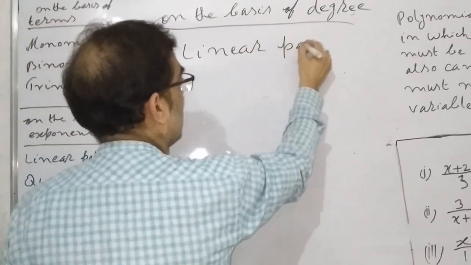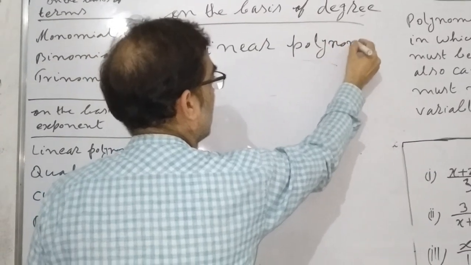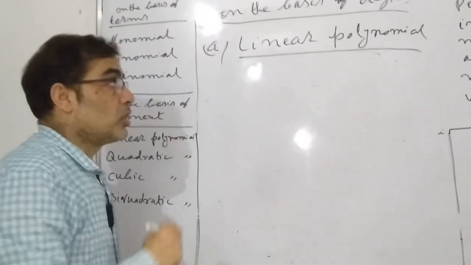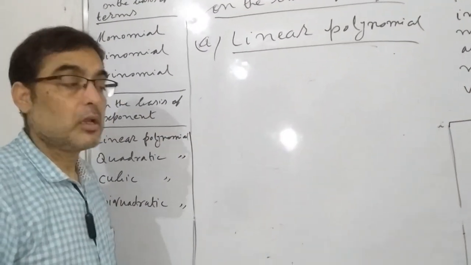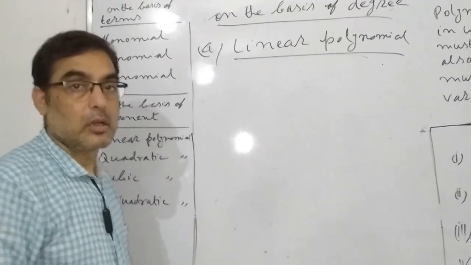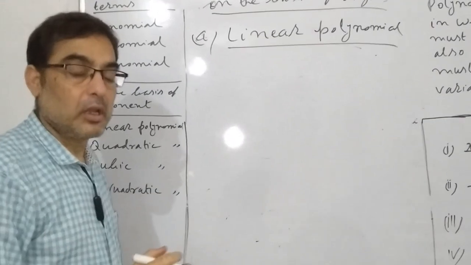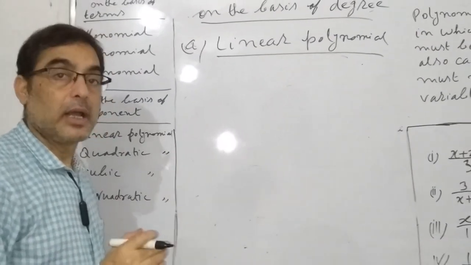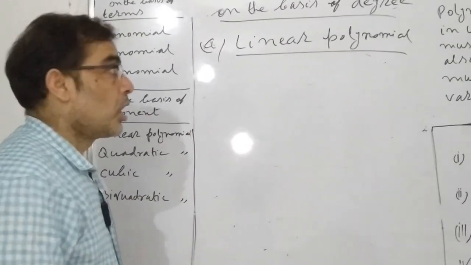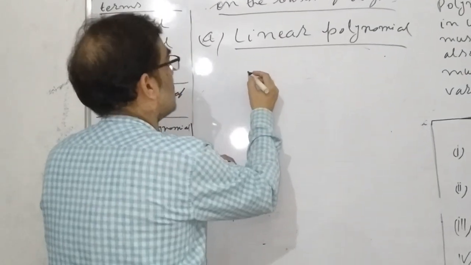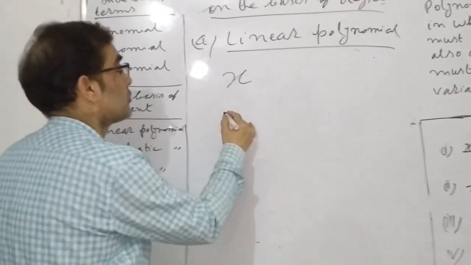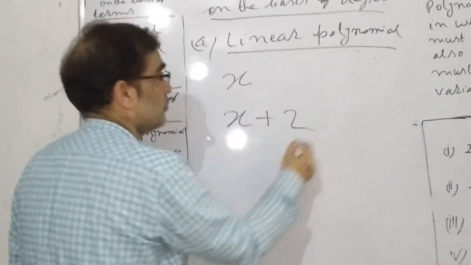First, linear polynomial. The polynomial in which the variable has only 1 degree. Suppose I wrote x plus 2.